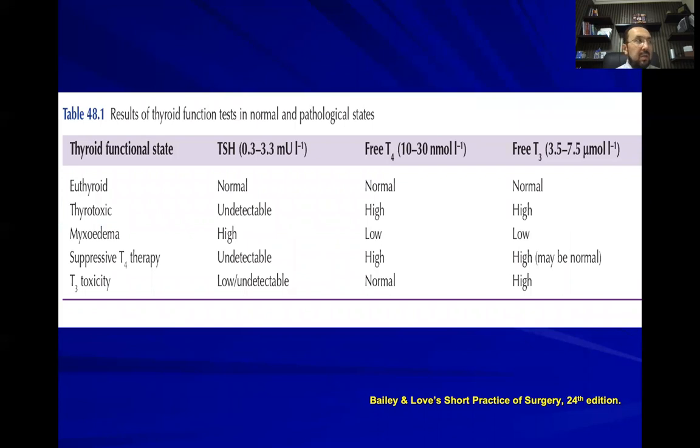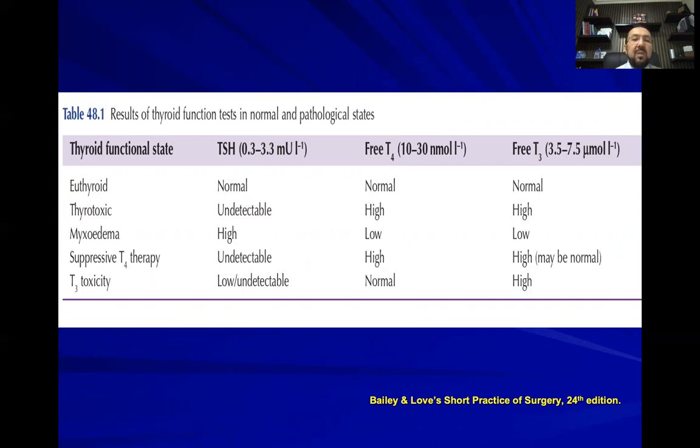This is a table showing a very clear idea about what an endocrine axis means. When the patient is euthyroid, his TSH will be normal and his FT4 and FT3 are normal. When he is thyrotoxic, the TSH is undetectable and both hormones are high.